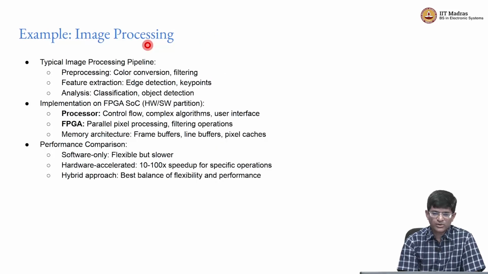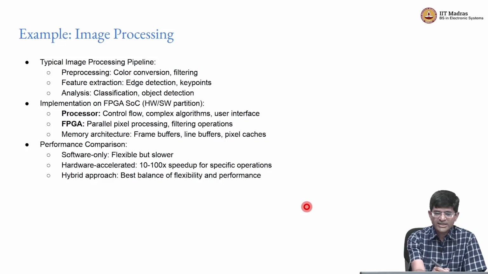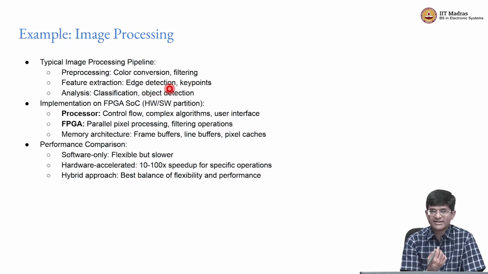An example of this would be something like image processing. This is a very good example for when you might want to use an accelerator in reality, because a typical image processing pipeline has a number of different computations, including pre-processing, color conversion, filtering, and feature extraction, where features would essentially be: are there any edges in the image, are there any key points? Key points would be something like, for a face recognition problem, the locations of the eyes, the nose, the lips.